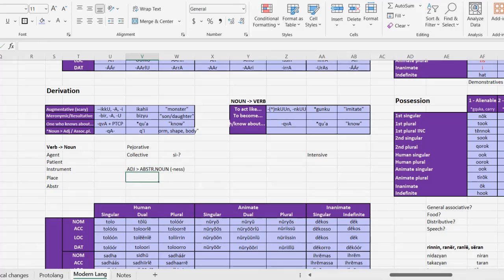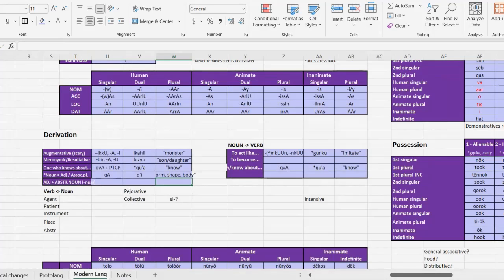So if you take a word like strong and use it on its own, it would mean a strong one or a strong thing, but we'll need a way of getting across the meaning of strength specifically. So for something like that, we would need a lexical source of something along the lines of state or quality or condition or something like that. So like the state or quality of being strong.